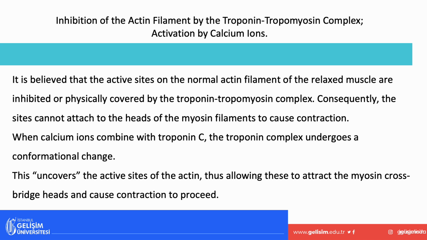We also said that when calcium ions bind to troponin C, it induces a conformational change in the troponin complex, which uncovers the active sites on the actin filaments. So now that these sites are exposed, it's going to allow them to bind to the myosin cross bridge heads, and this is going to initiate the contraction process.